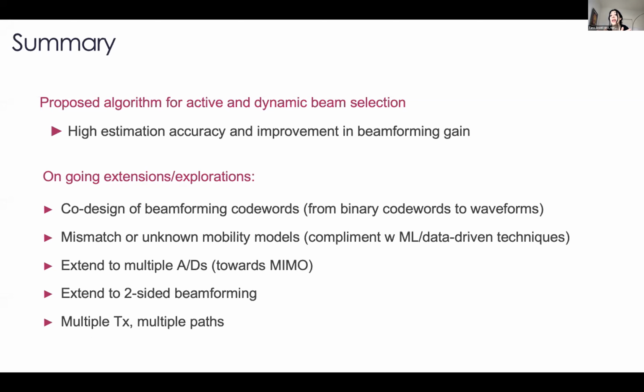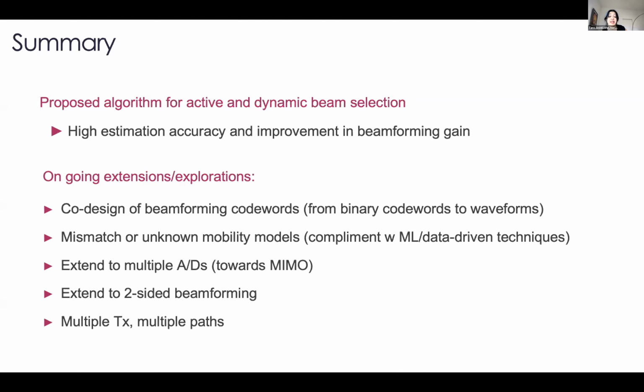While wider beams in a soft manner provide a worse communication link, they allow you to sense and remain aligned, versus narrower beams that allow you to communicate a lot, but if you have a little bit of mobility, they're very hard to keep aligned. And then on top of that, you trade off the pilot versus data.